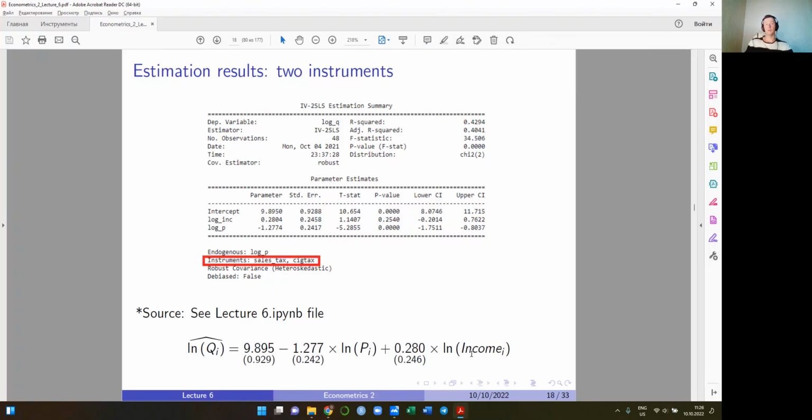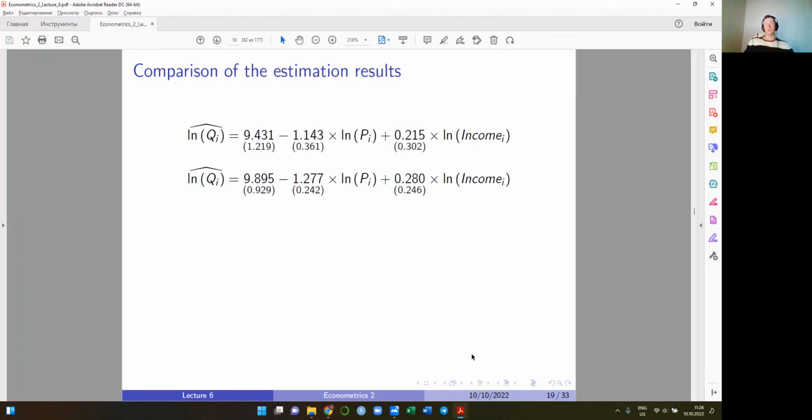So we can compare the one instrument and two instruments results. With two instruments, elasticity is, in absolute terms, of course, higher. So cigarettes are more elastic.